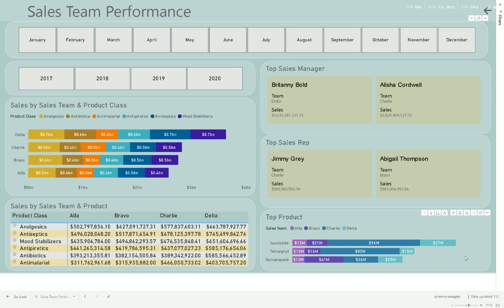Across all teams, as we can see, iron chloride, tetrafin, tetranil, and sumanazole appear as consistent top performers. It helps in prioritizing manufacturing, marketing, and stocking of these products.